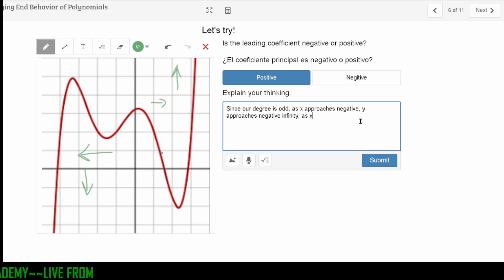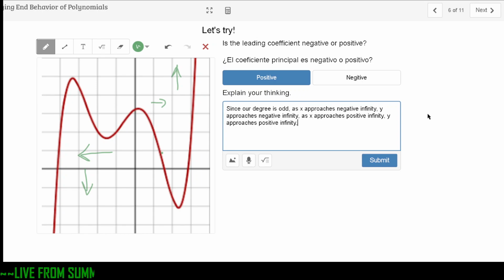And as x approaches positive infinity, we know that y approaches positive infinity.